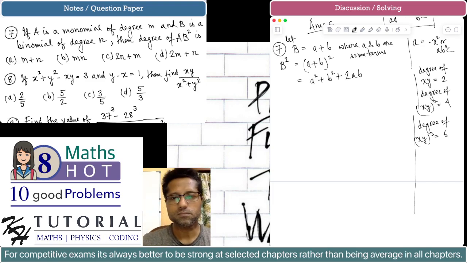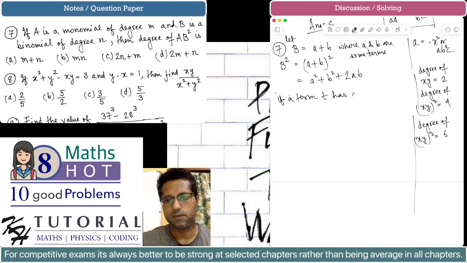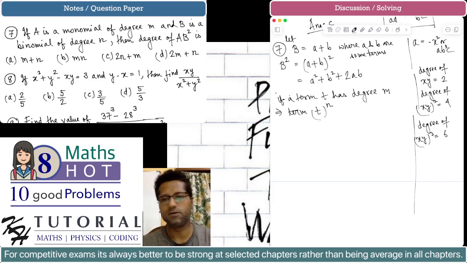So the concept is, if a term T has degree m, that is, the sum of the powers of its variables is equal to m, then T raised to the power n, where n is some natural number, will have degree n into m.